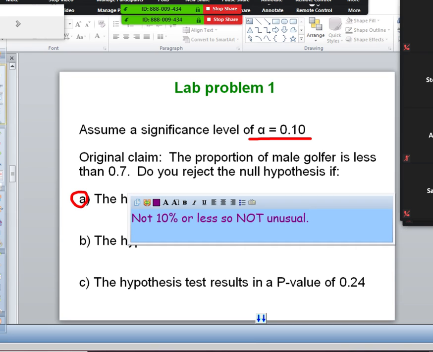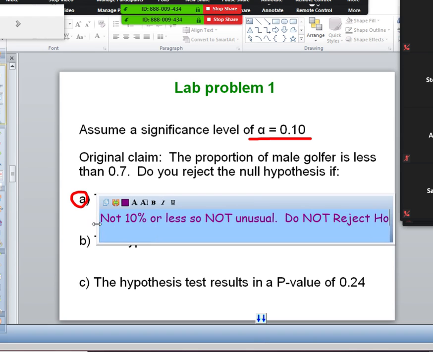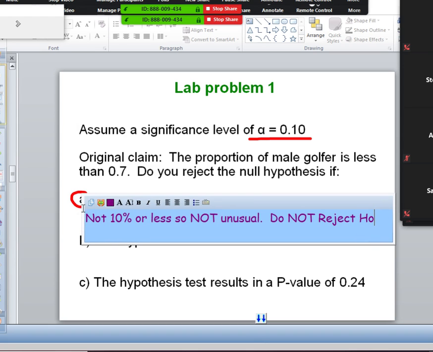Do not reject H naught. It's not unusual. Remember, we reject H naught when we get something unusual.